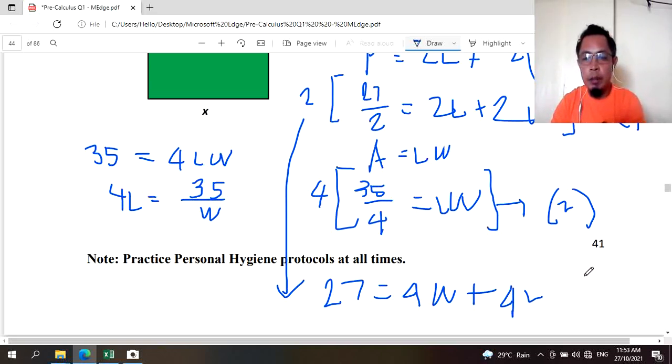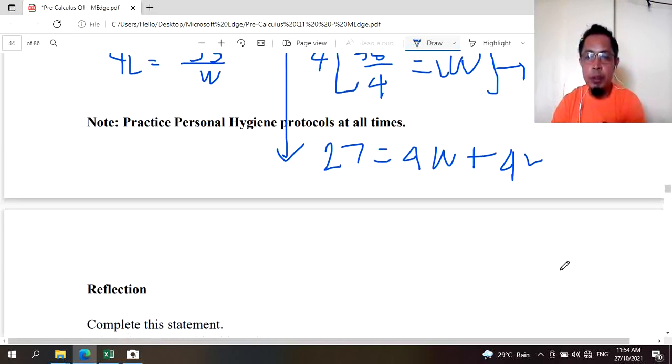Then after that, we solve for L or either W. So we're going to solve for L. 4L is equal to 27 minus 4W.